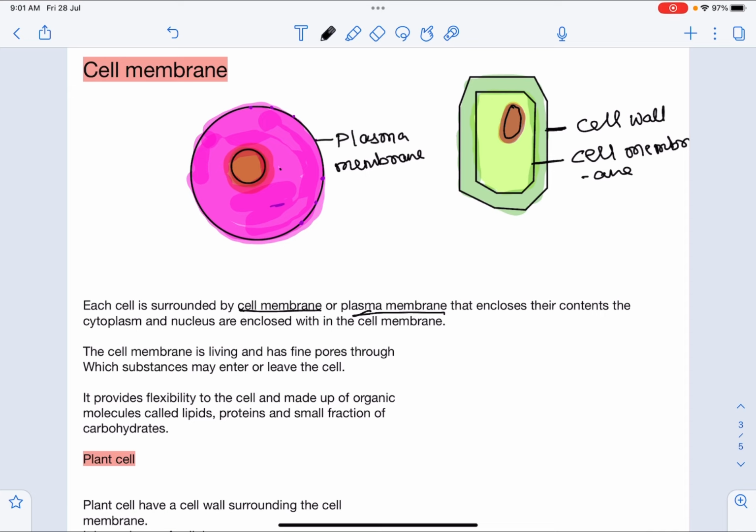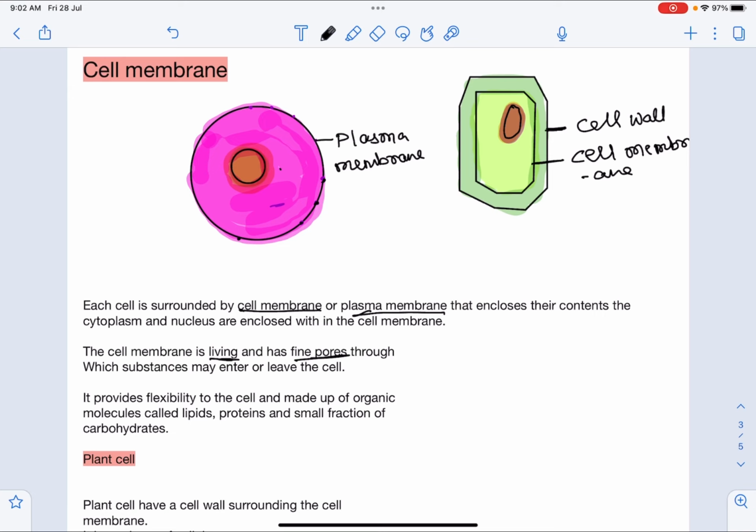Next, the cell membrane is living and has fine pores through which substances may enter or leave the cell. This part has fine pores which help in the movement of substances or materials both inward and outward.